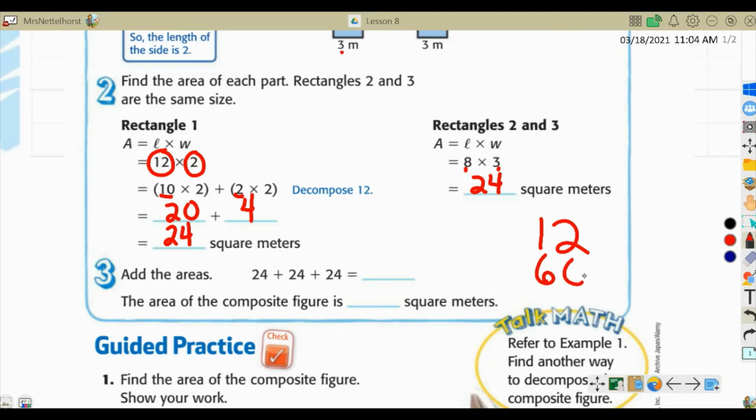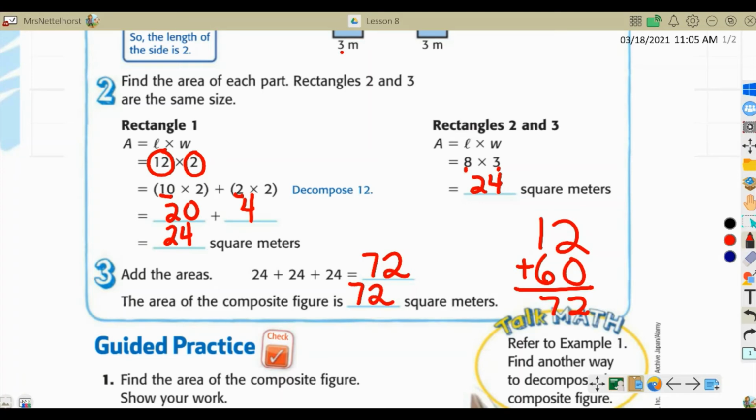I'm going to stack those and add them. 12 plus 60 is 72. 2 plus 0 is 2. 1 plus 6 is 7. 72. So the area of the composite figure is 72 square meters.